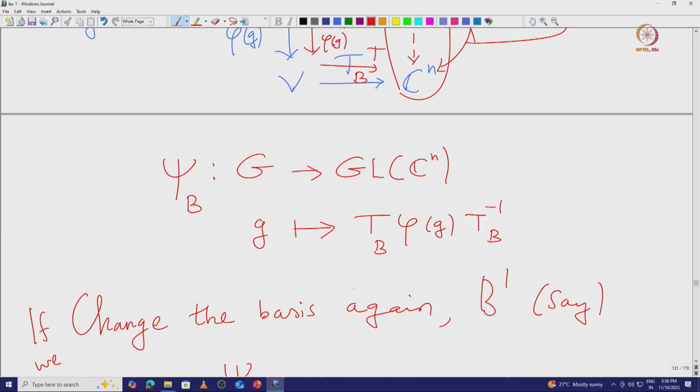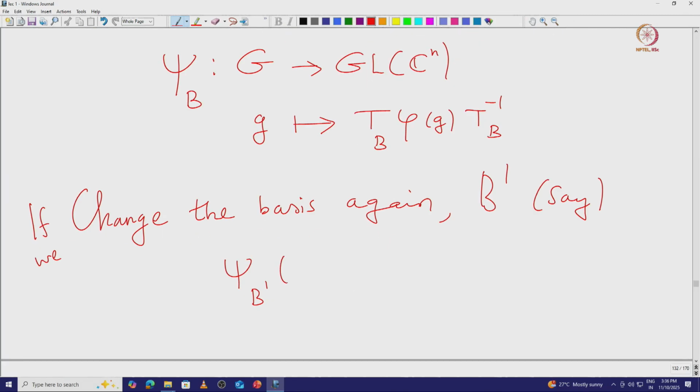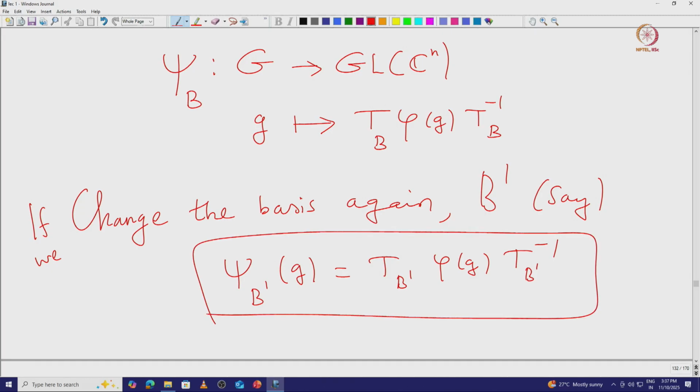Then xi b dash of g is going to be T b dash phi of g and then T b dash inverse. So we will have two new representations that are actually defined using the one that we started with, which is phi.